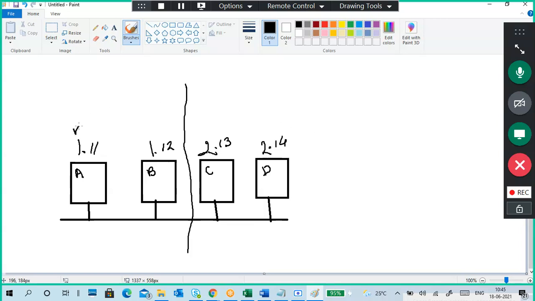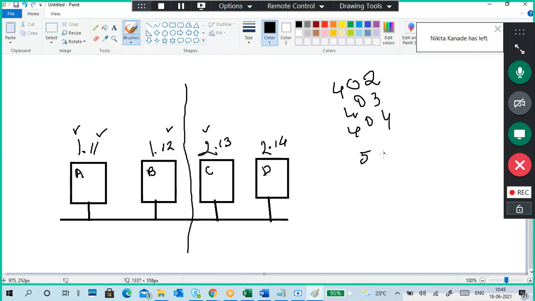For example, this first part represents network and the second part represents host identification. Host number is like your roll number. Like I have a roll number in my engineering, 402, 403, 404, and for CSE people 502, 504, for example.